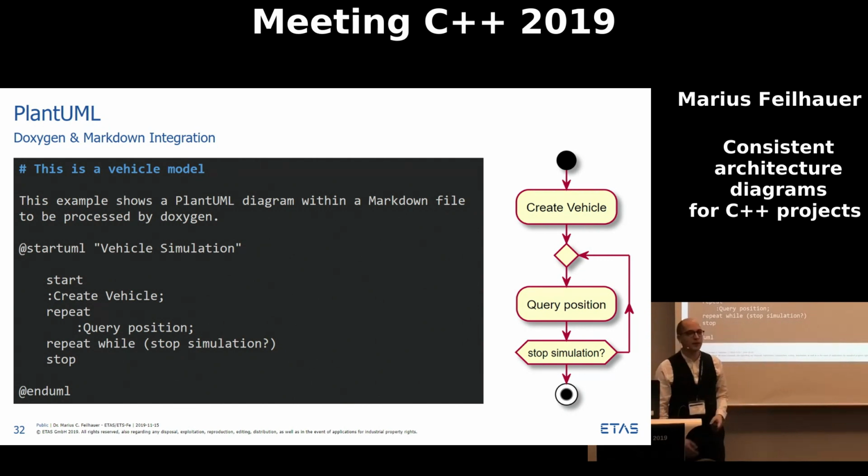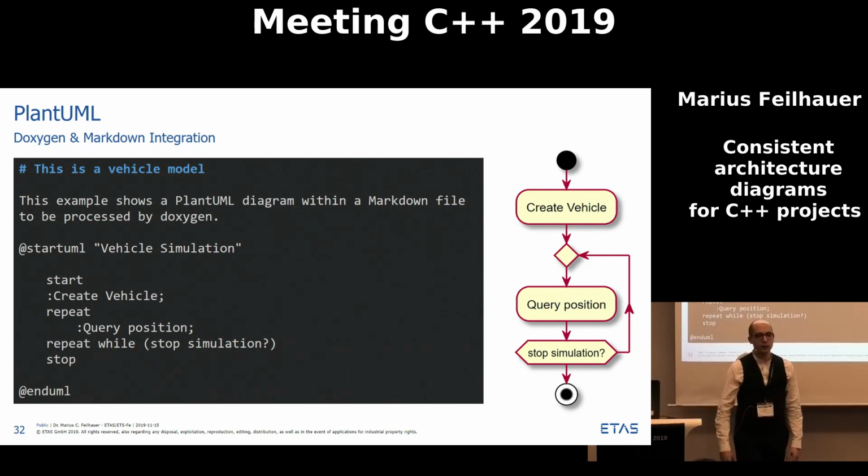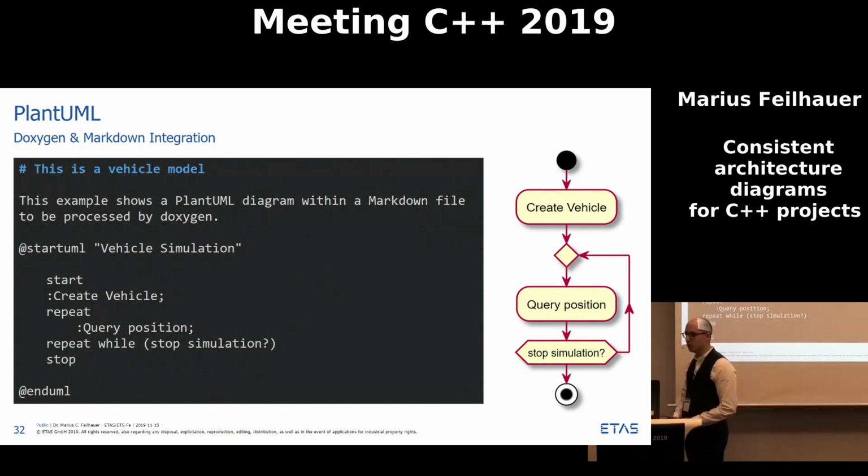So this is an example I'm showing here where you're writing your text in a Markdown file, have a PlantUML diagram in between, and it just renders the overall page within Doxygen. And I think even GitHub has this support of PlantUML within Markdown files.